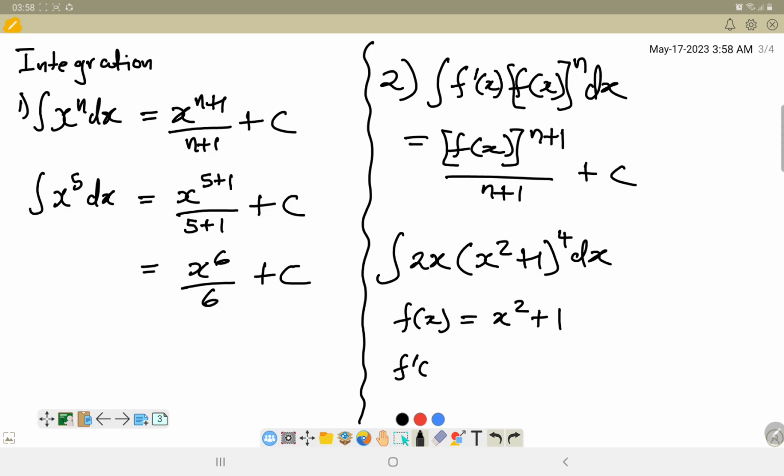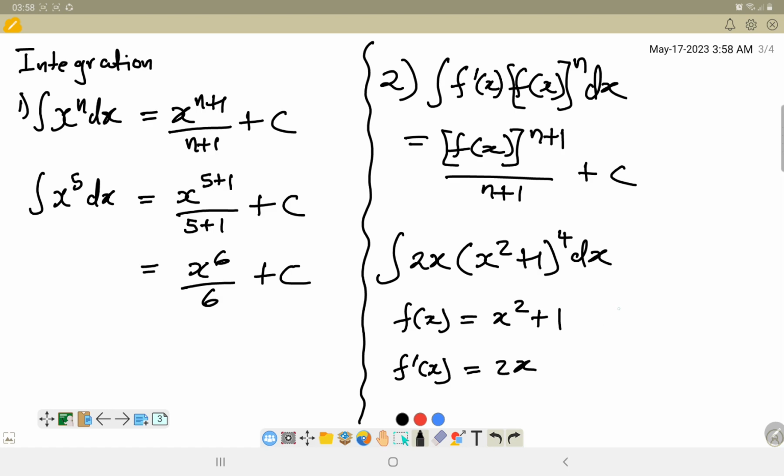Our f prime of x is equal to 2x. So our f of x is x squared plus 1, and our f prime is 2x, which means it matches exactly the formula. So the formula can fit exactly.